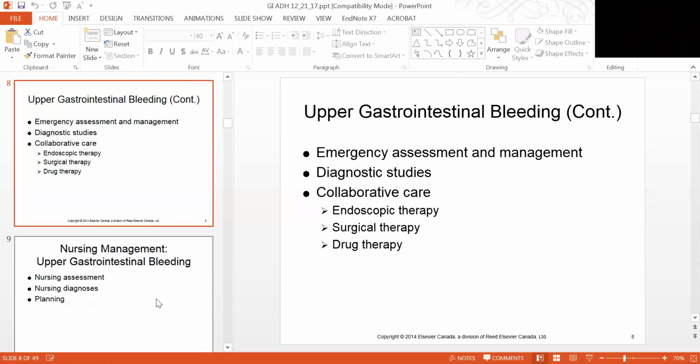And if their blood pressure drops more than 20%, then I consider that a postural drop. So if I got a blood pressure of, let's say, 80 on 40 as I sit them up, that means they're low in intravascular volume. That means they don't have enough circulating fluid, and that's more of a concern to me. So that's another non-invasive way to check fluid status.